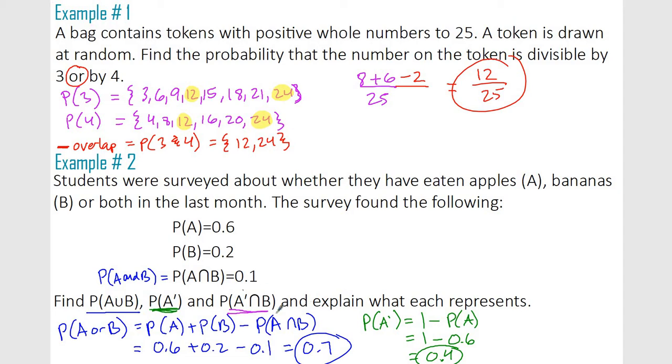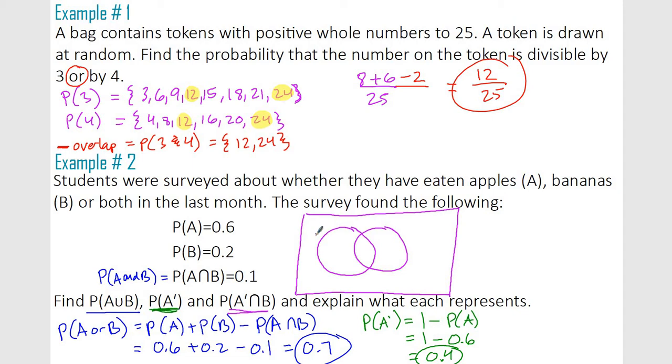For this third question, I would probably draw a Venn diagram. That would just make things a whole lot easier. And you could have done this in the beginning, but now it's going to be super helpful. We already know that there are going to be two circles because probability of A, probability of B, two different events. However, we need to know that A and B means that the circles overlap.